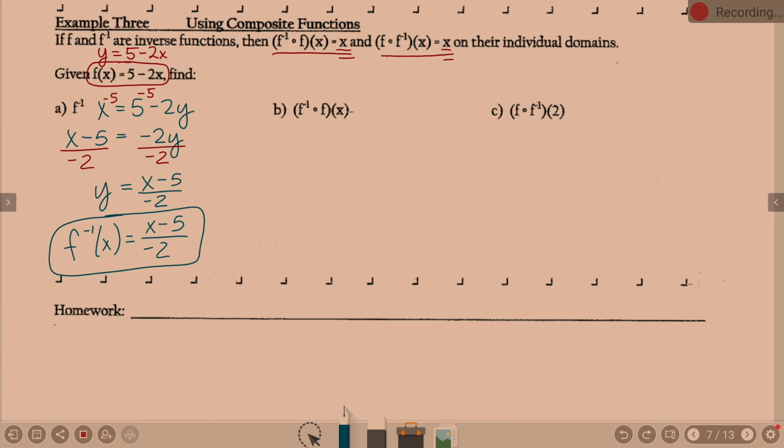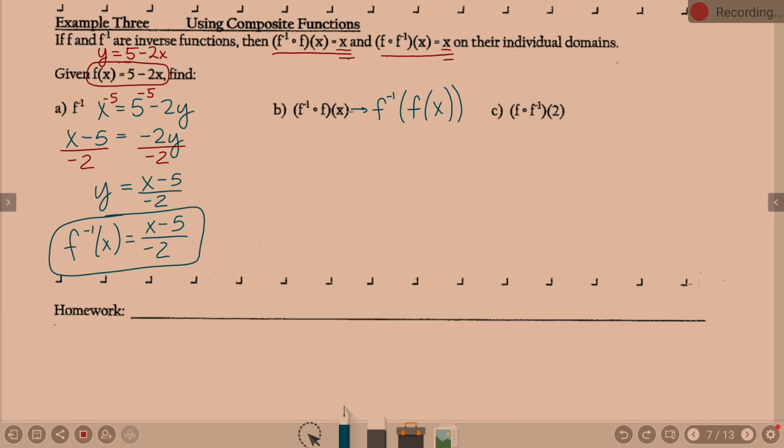So part B, f inverse composed with f of x. Without doing a bit of work, I can tell you the answer. If these are inverses, barring any mistakes, f inverse composed with f always equals x.